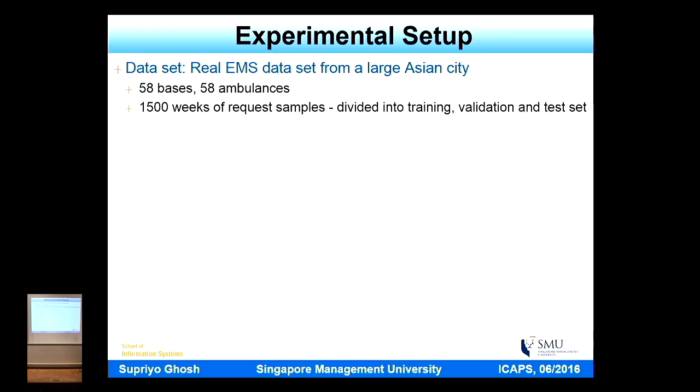We divide that request log into 3 sets. First we generate 10 policies based on 10 weeks of requests, and then we validate them on another 500 weeks of request logs, and we take the best policy, and then we test the performance of that best policy on the remaining weeks of request logs.